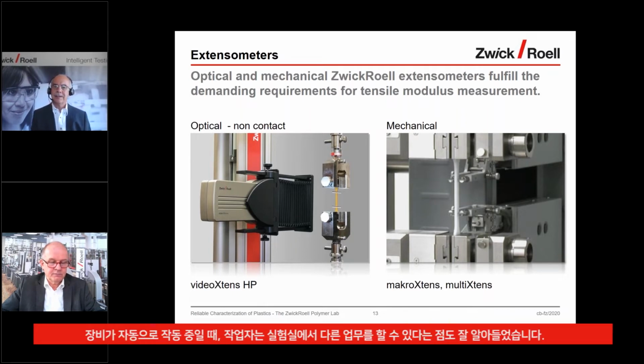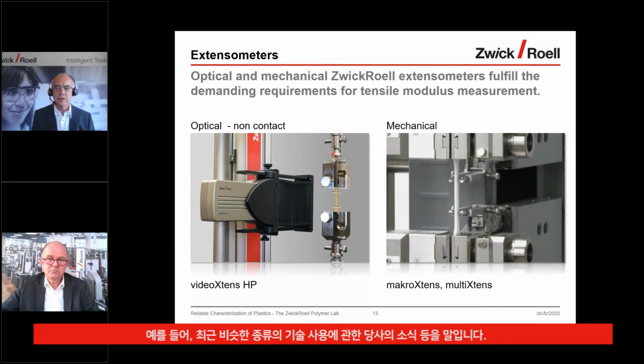So whilst the test is running automatically, of course the operator could be doing some other tasks in the lab, and I know also from talking to people about using non-contact extensometer systems. Would you say the non-contact systems that are available now are at the same level as the mechanical type? And for example, what is our current status of using that kind of technology?